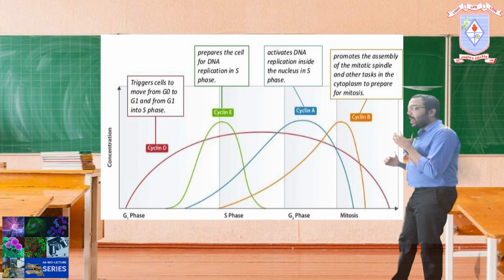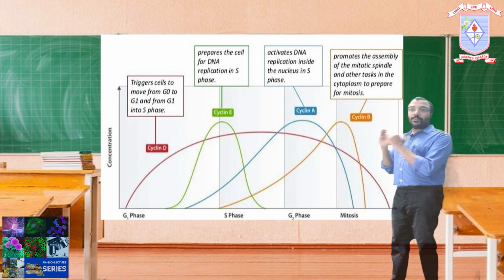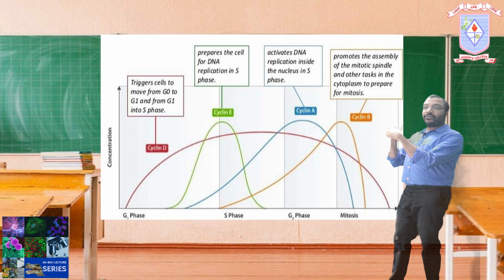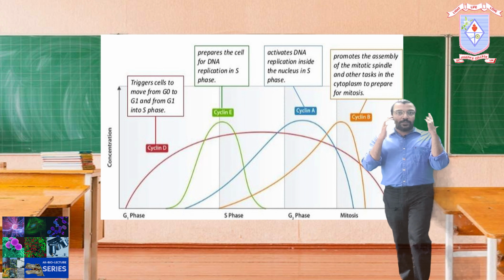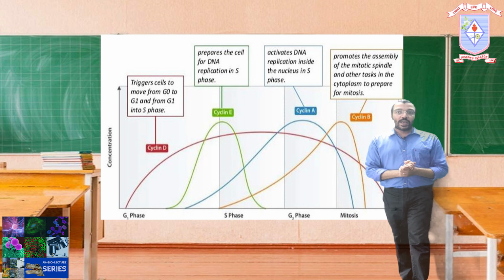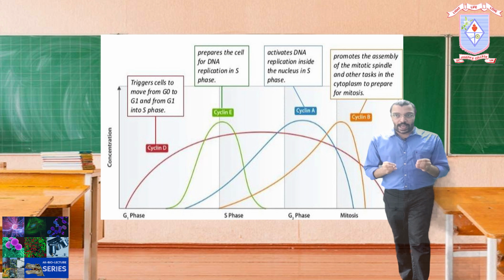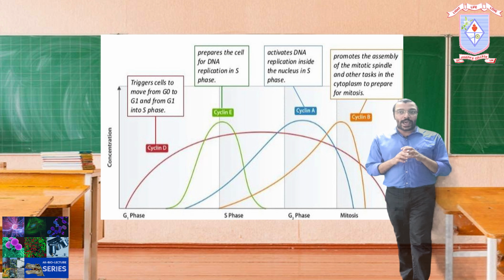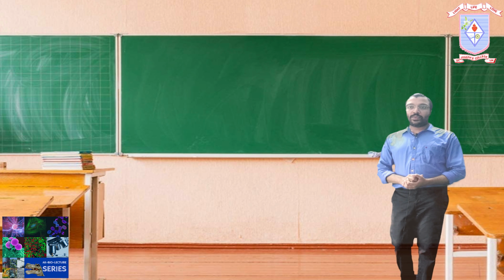Then when the cell exits from M phase into the next G1 phase, a rapid decrease in cyclin B level will occur. Destruction of the mitotic cyclins allows a cell to exit mitosis and enter a new cell cycle.